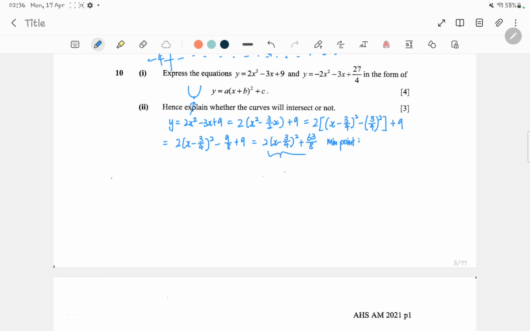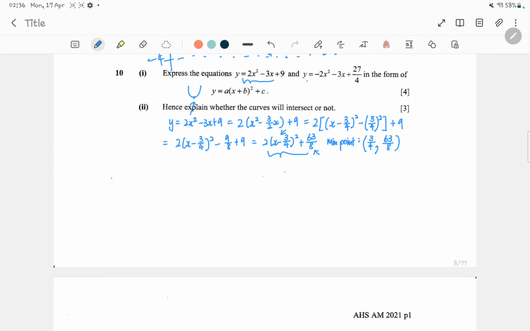Based on this expression, what makes x minus 3 over 4 zero? x equals 3 over 4. So the x coordinate of the minimum point is 3 over 4. And finally, this constant here is the y coordinate of the minimum point, 63 over 8. So we are done with the completing the square for this equation, and we have found the minimum point.